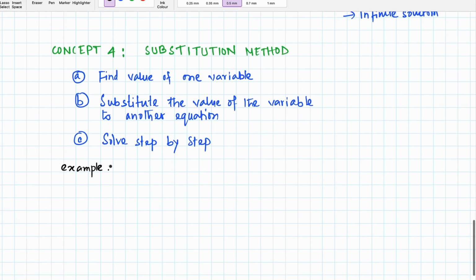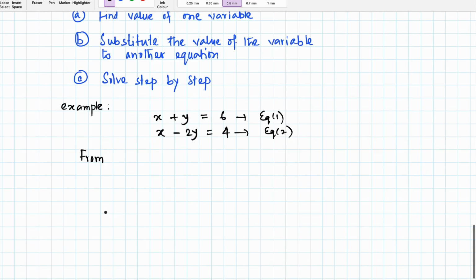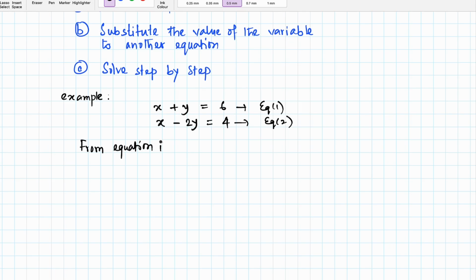Let us take an example again to recall. x plus y equal to 6 and x minus 2y equal to 4. As we said, two equations are given. Now from equation 1, x plus y equal to 6, we are expressing x in terms of y, taking y from the left hand side to the right hand side.